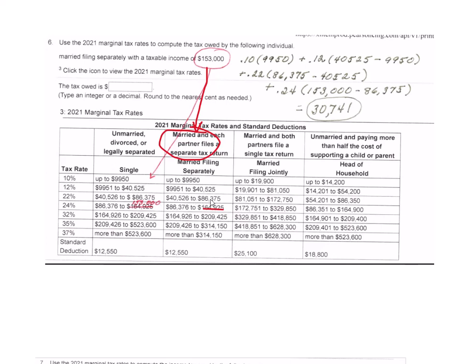So you will take 86,375 and subtract 40,525. Here it is. And that is in the 22% category. Finally, in the last one, this would be 153,000, and you will subtract the 86,375, and you will pay 24% of that.